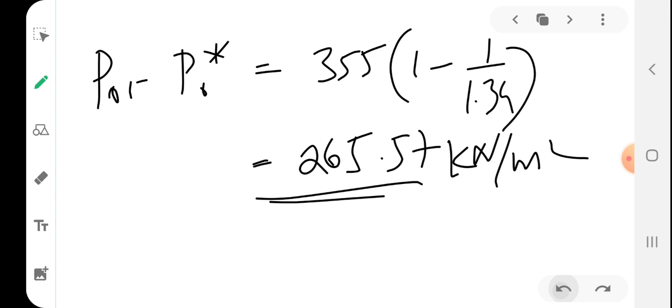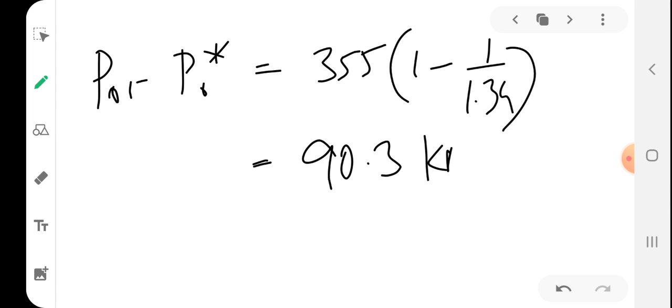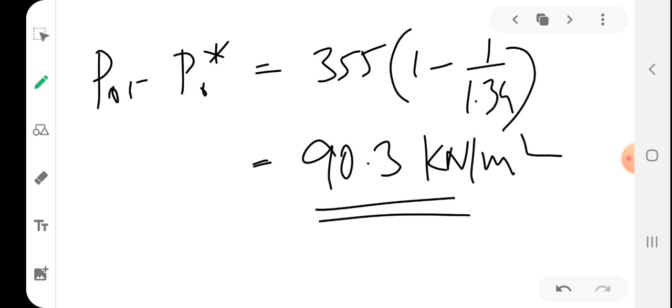Around 90.3, the value will be 90.3 kilonewton per meter square. So P01 is known.